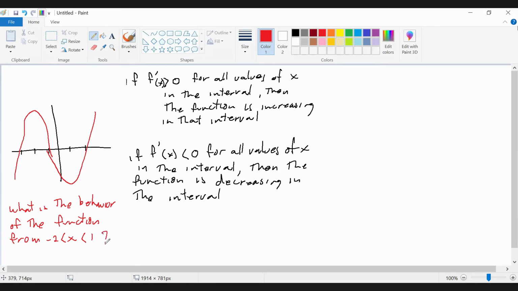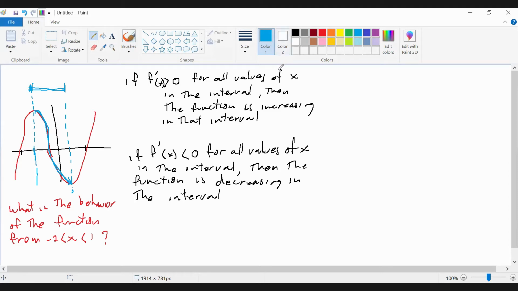By confirming it on the graph, you can say the behavior of the function from negative 2 until 1, from here to here, is going down.